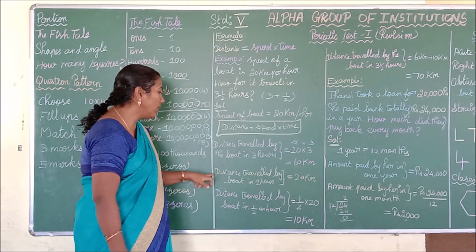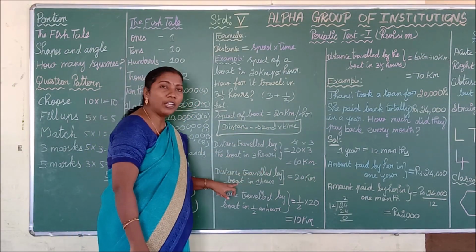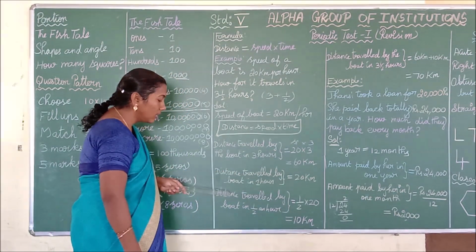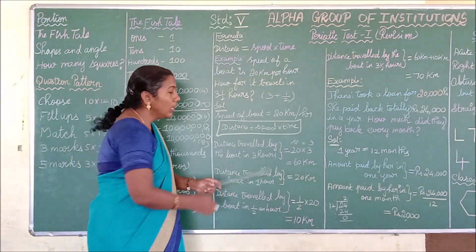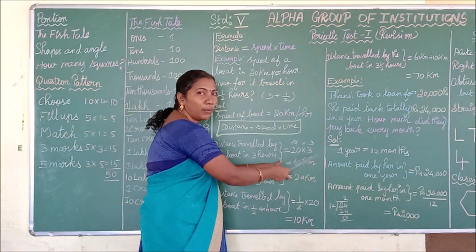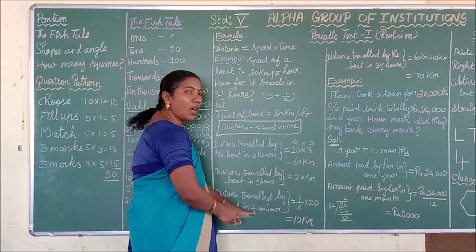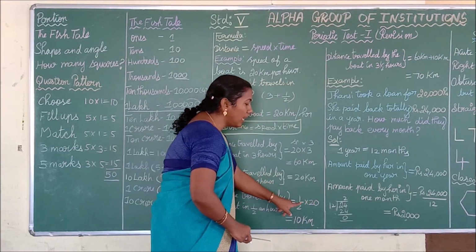See how we can calculate: the distance travelled by the boat in 1 hour is 20 kilometers. We have to calculate the distance travelled by the boat in half an hour. Here 3 means we multiplied the speed by 3. Here how can we write the half? 1 by 2. So you have to multiply the speed by half.